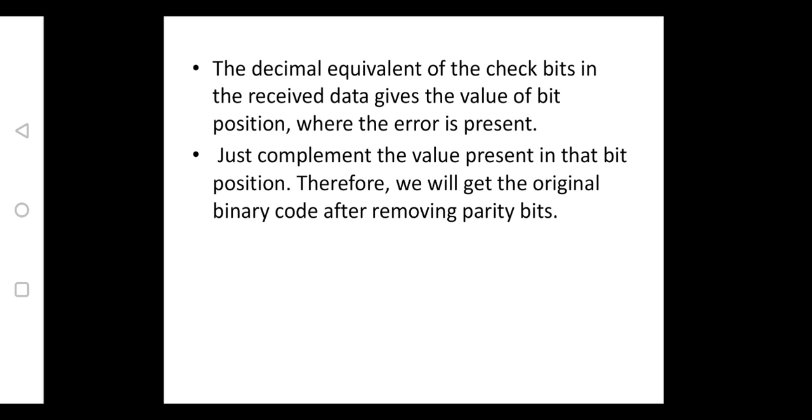So in this case, what we need to do is take that code word and check only the parity bits. As we are discussing with an example of 4 data bits plus 3 parity bits, so total 7, the code word has 7 bits. But among these 7 bits, only the parity bits we need to check.